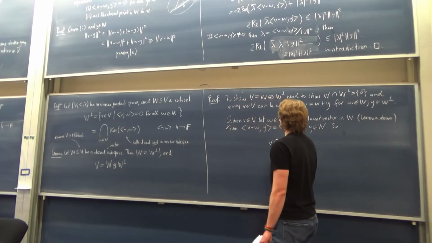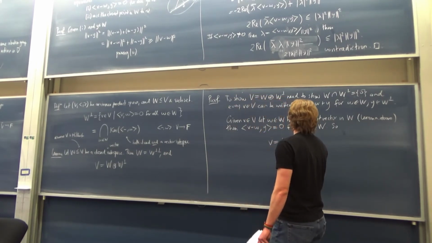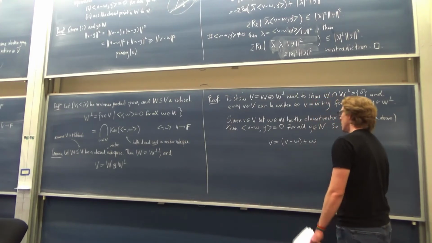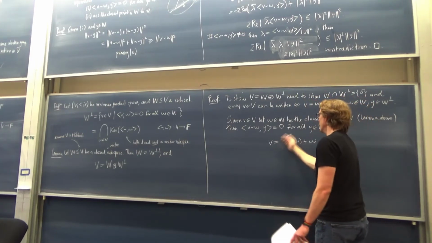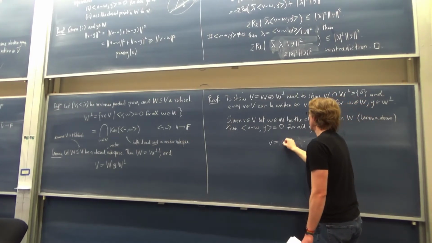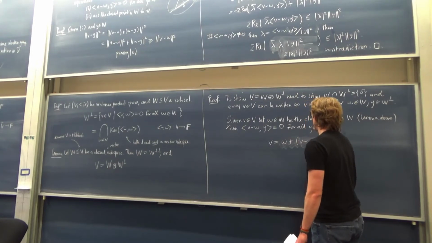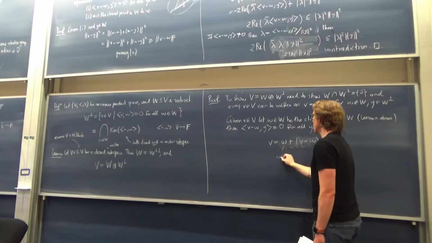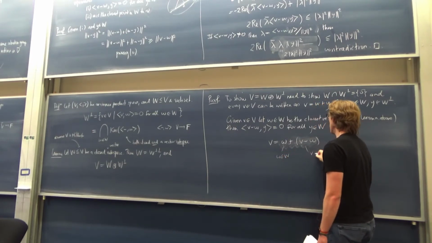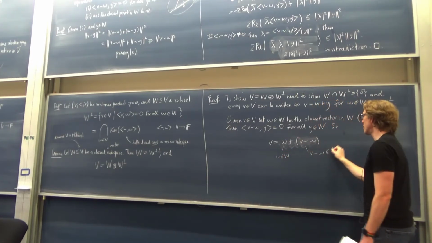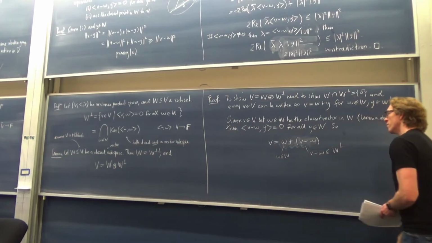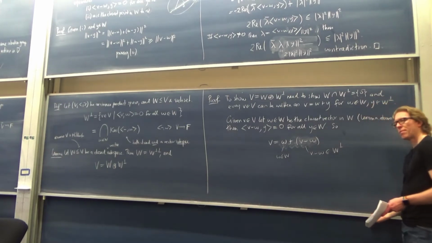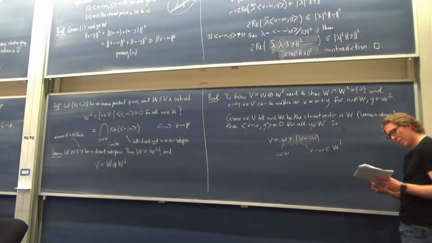We've written v as w plus v minus w, where w is in W by construction, and v minus w is, by what we just said, in the orthogonal of W. All right, so that achieves that.